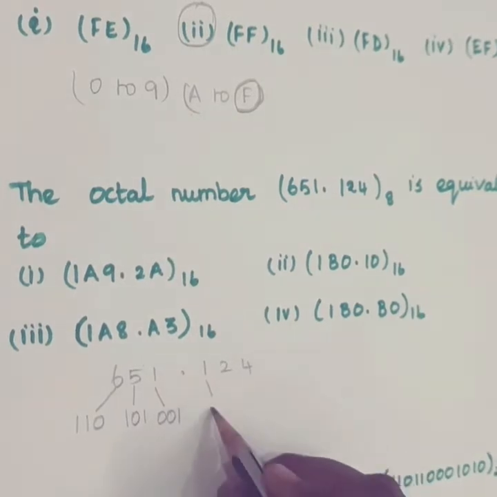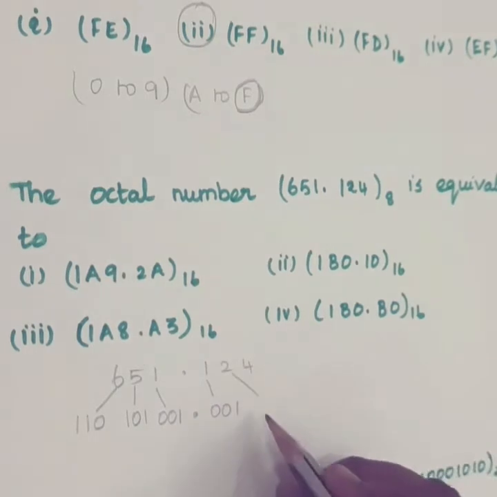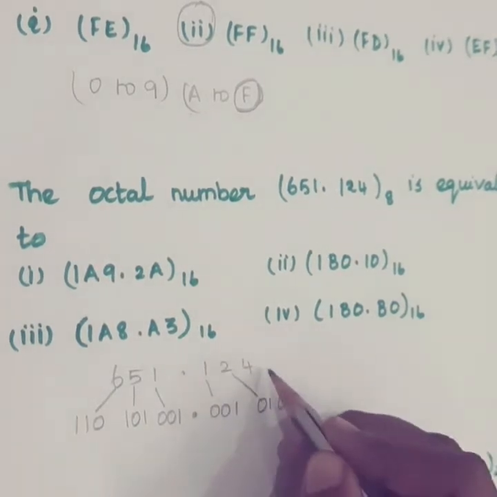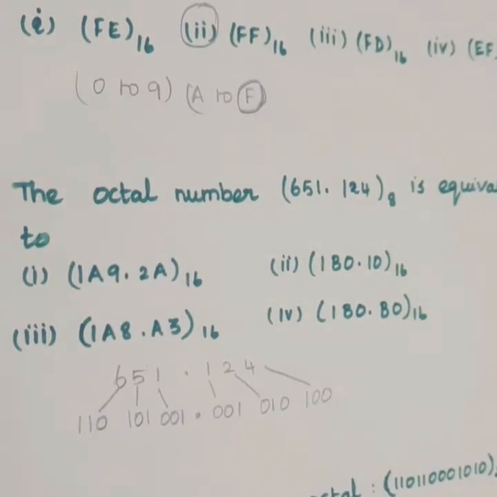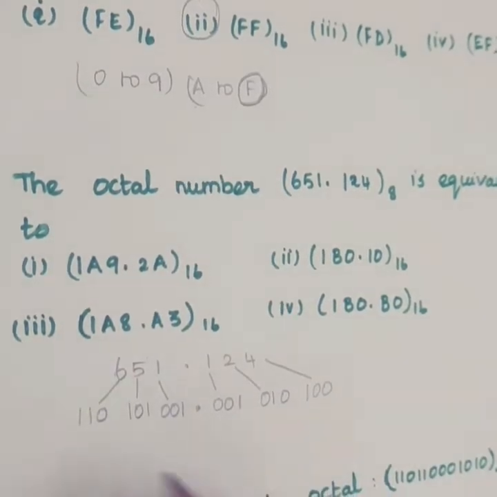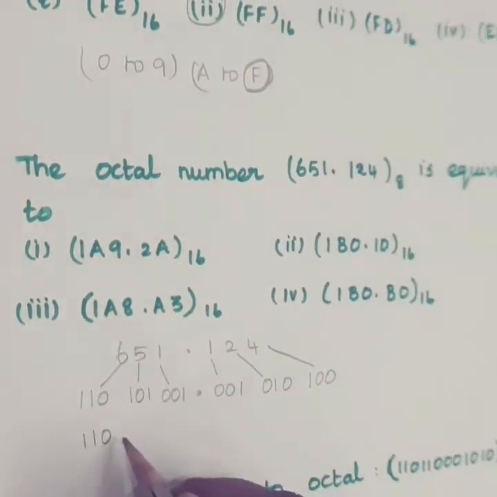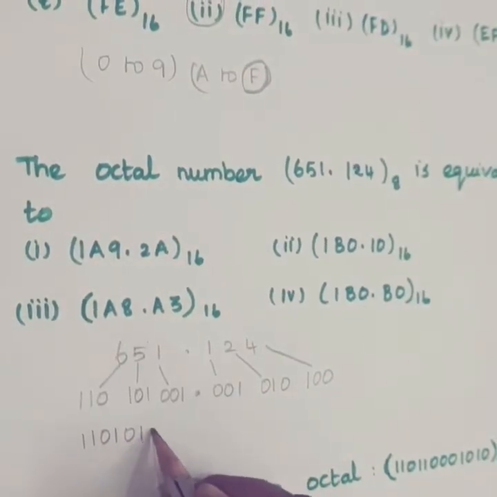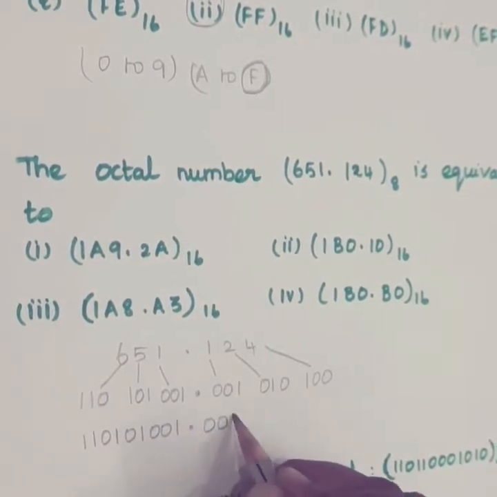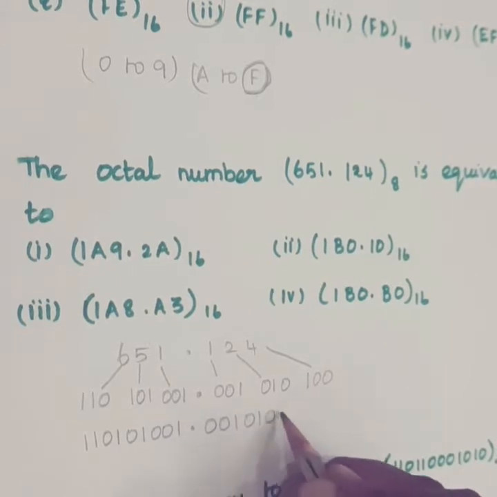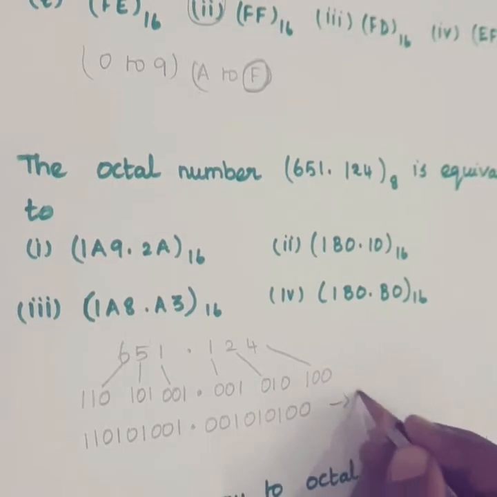Don't miss this radix point. 1 is 001, 2 is 010, 4 is 100. So now you have 110101001.001010100, which is a binary number.